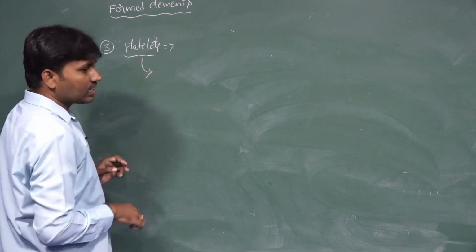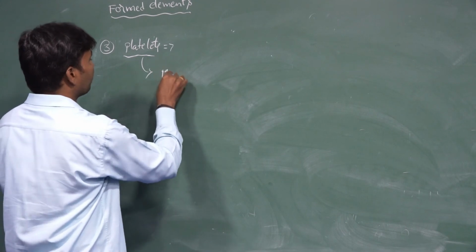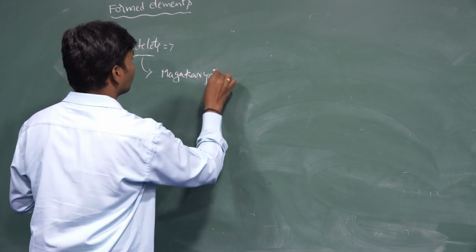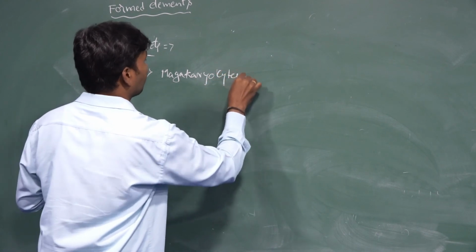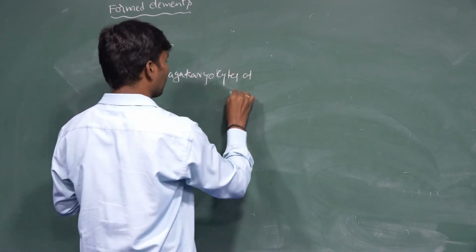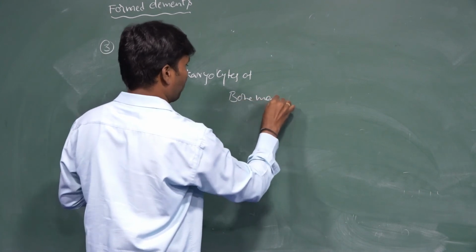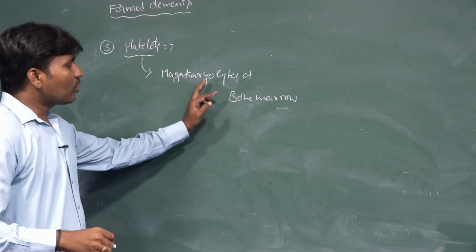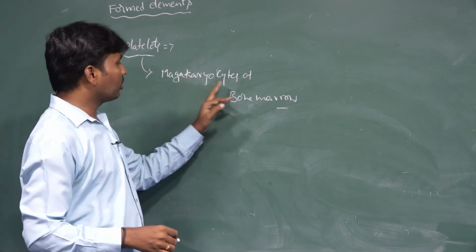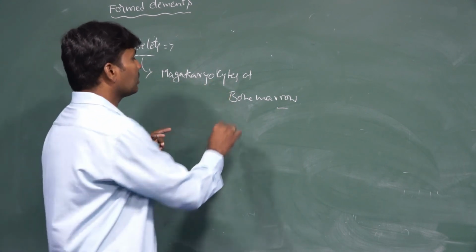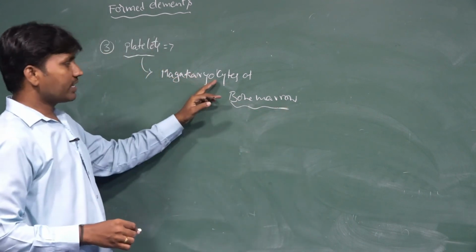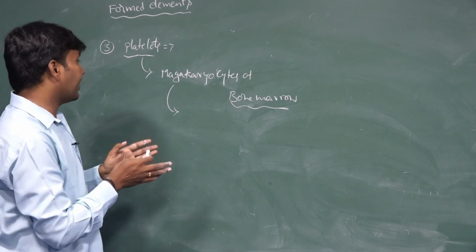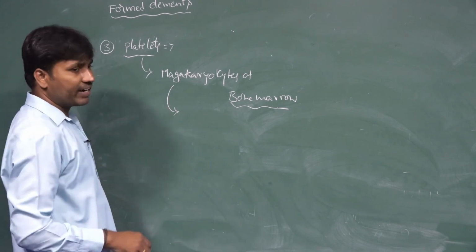These platelets are synthesized from megakaryocytes of the bone marrow. The bone marrow mother cells, the megakaryocytes, differentiate and divide, forming the platelets.